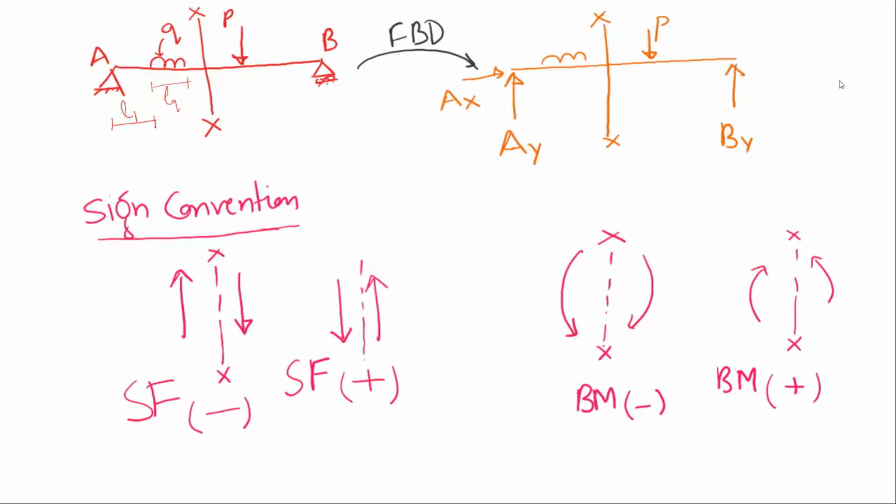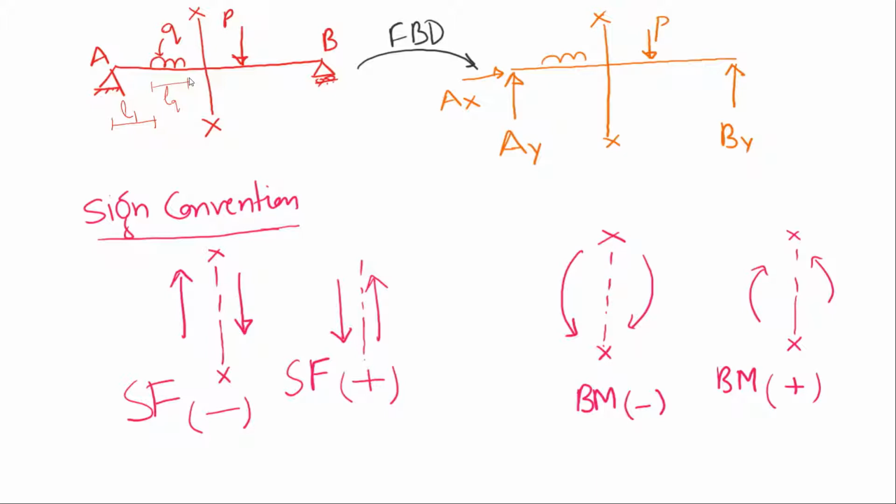So we are taking a general case to understand the shear force and bending moment at any section. We know that a distributed load and a concentrated load are acting on this beam, so the shear force varies with respect to x.